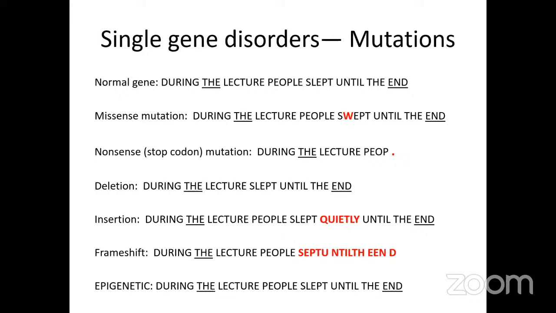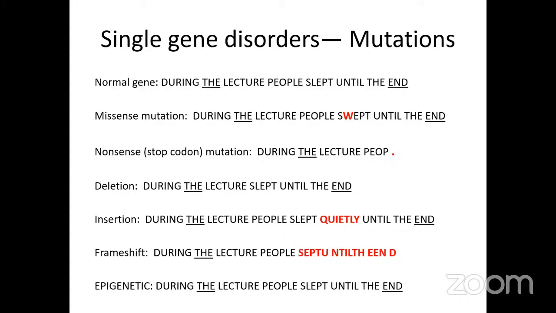There is something called a missense mutation. Here in "slept", instead of L, there is a W, so L is replaced by W. How does it read? During the lecture, the people swept until the end. The lecture was so interesting that everybody was swept under, they really liked it and swept until the end.